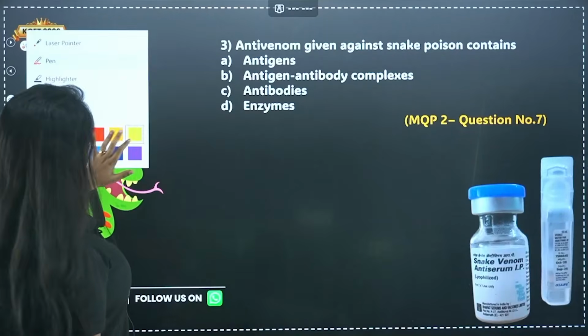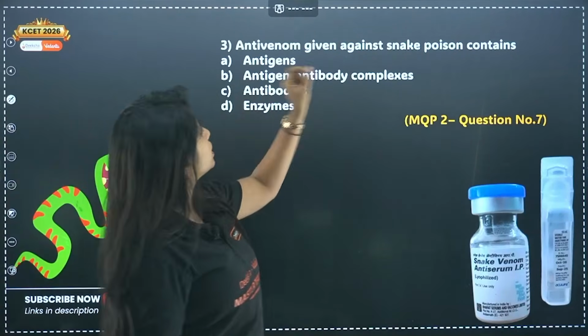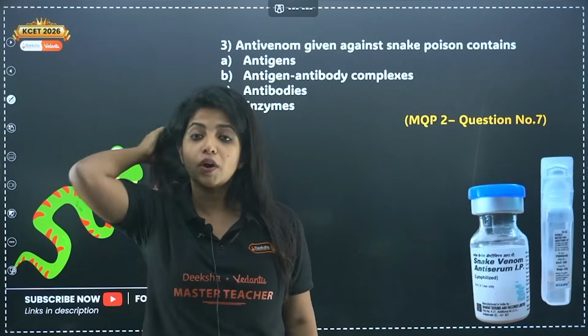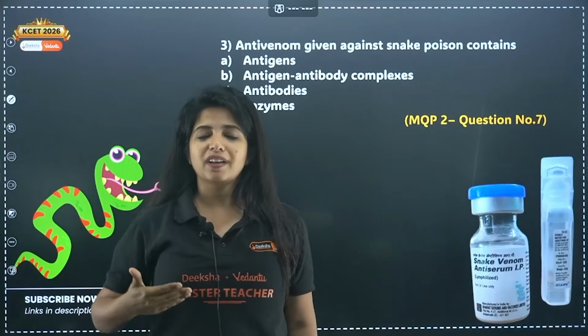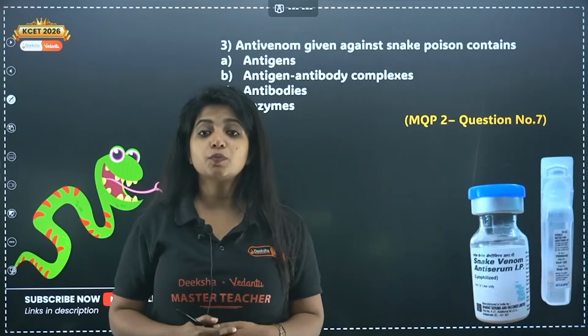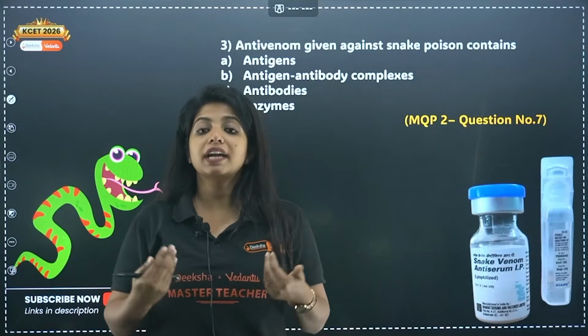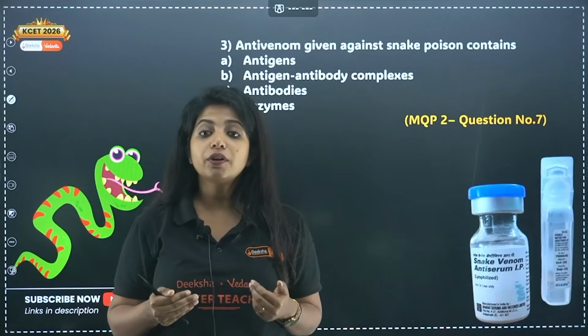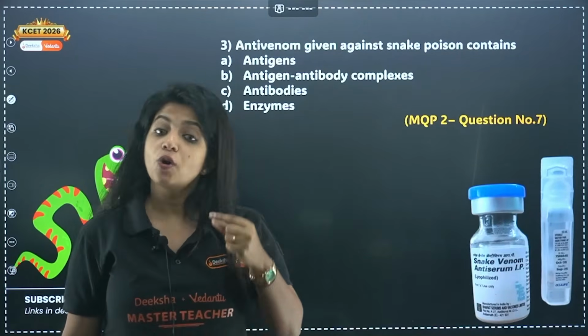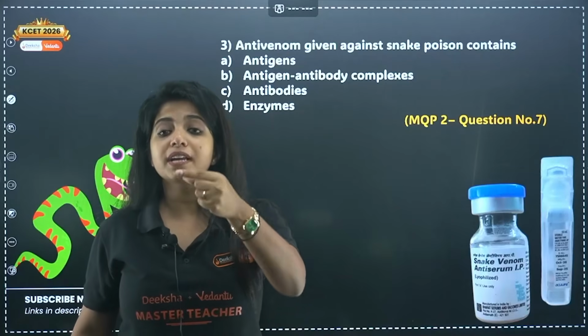Going with question number 3, antivenom given against snake poison contains what? Whenever someone gets a snake bite, the doctor does not wait for the patient's body to produce its own antibodies, because it might take so much time to produce antibodies against the snake venom. So when you go to the doctor, the doctor gives you ready-made antibodies, or you call them preformed antibodies.